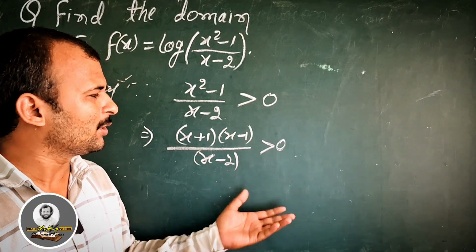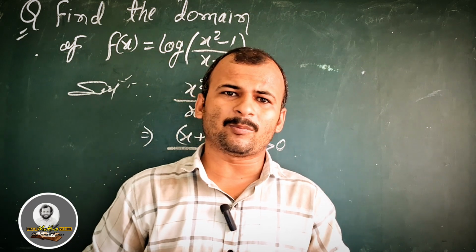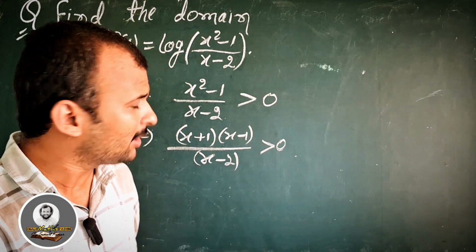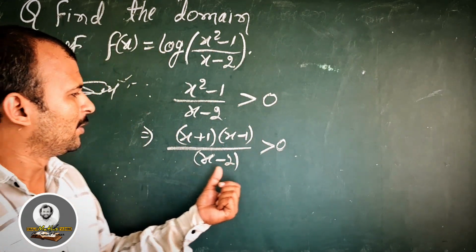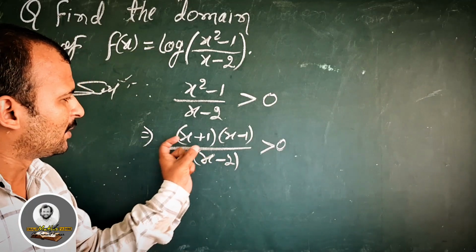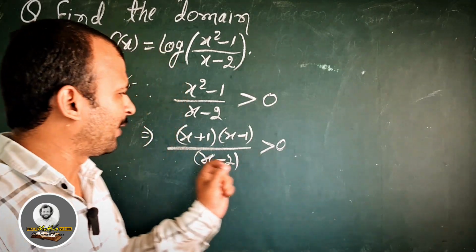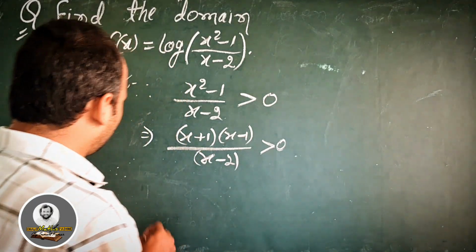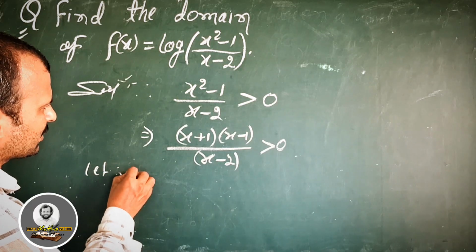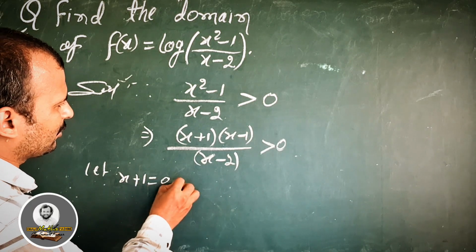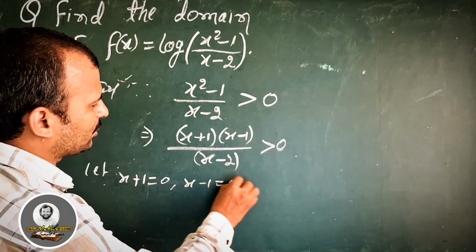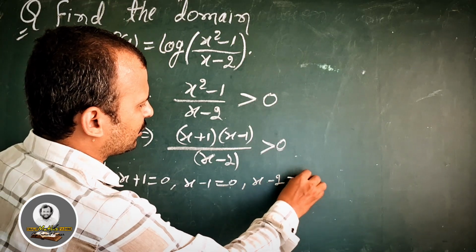Before this, we find the critical points, and to find the critical points, we set the factors of the numerator and denominator equal to 0. So let x + 1 = 0, x - 1 = 0, and x - 2 = 0.